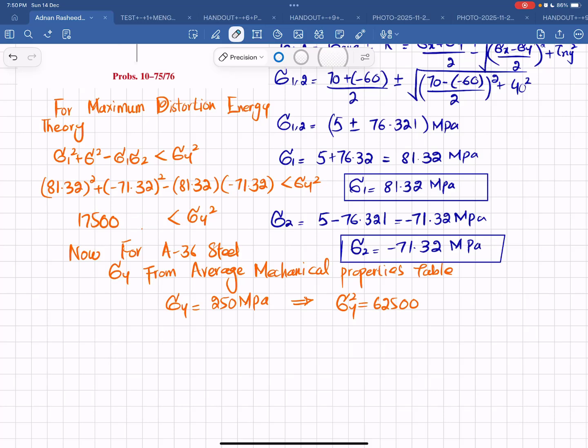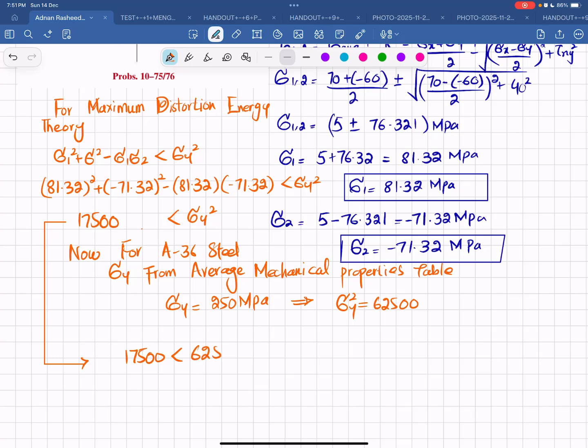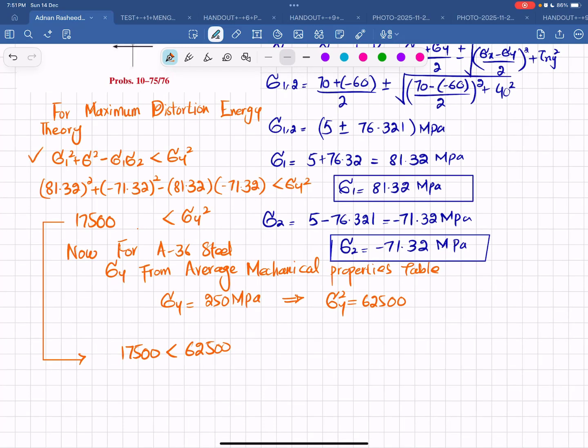Now you can see that if you put the sigma y value in, 17500 is less than 62500. So this equation is holding correct, so it means that I will write the conclusion.